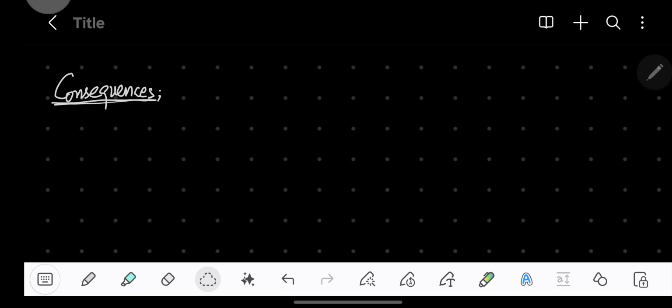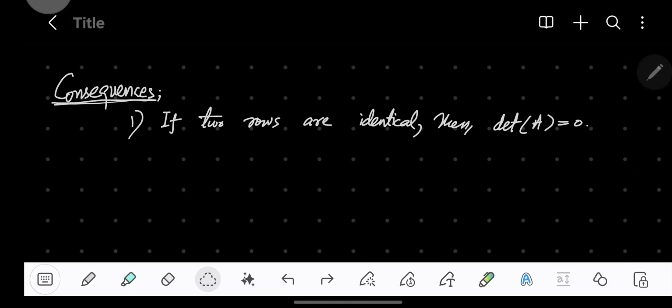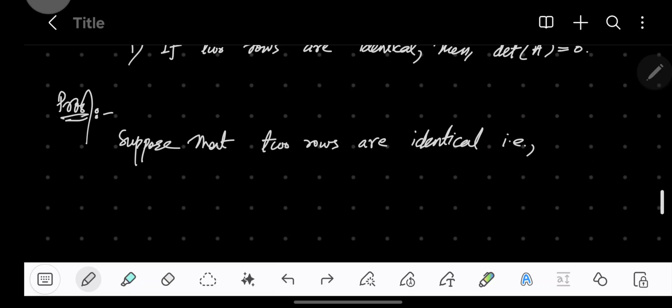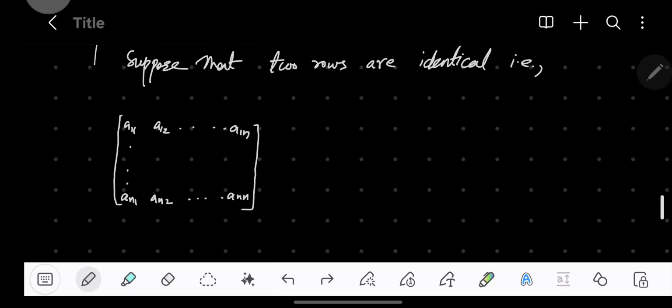So the very first consequence is, if two rows of the matrix are identical, then the determinant of the matrix is 0. Look at the proof. In order to prove this consequence, we suppose that we have an n by n matrix which has two rows somewhere that are identical.